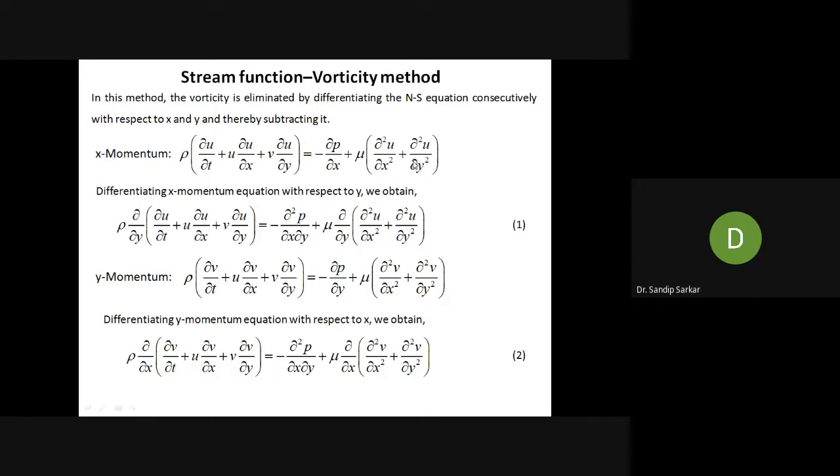This is the X momentum equation, right? And this is the Y momentum equation: rho times (del v del t plus u del v del x plus v del v del y) equals minus del p del y plus mu times (del 2 v by del x2 plus del 2 v by del y2).